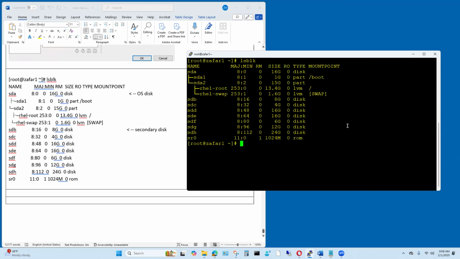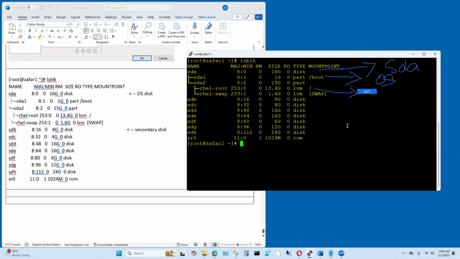So this is the first disk, sda. And then this is boot, which means this is very important. It's managed by the OS. And in there, this is the root file system.